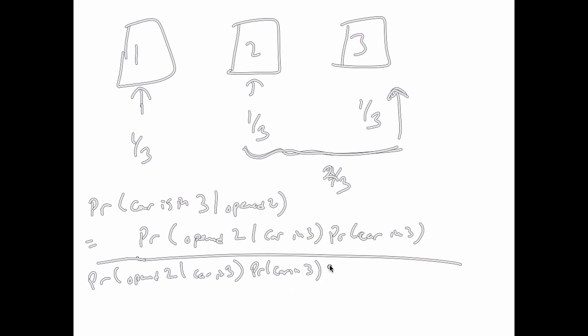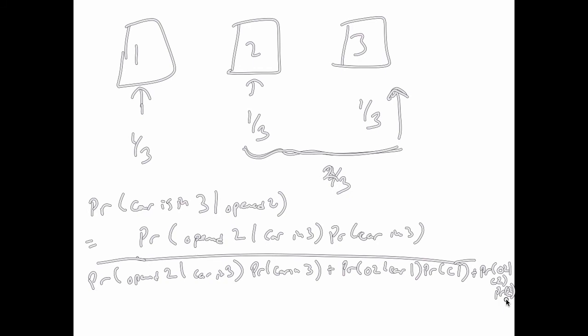I should have left much more room here. I'll make that shorter now. Plus probability of opening 2, O2, given the car is in 1, times probability car in 1, plus probability of opening 2, given car in 2, times probability of car in 2.